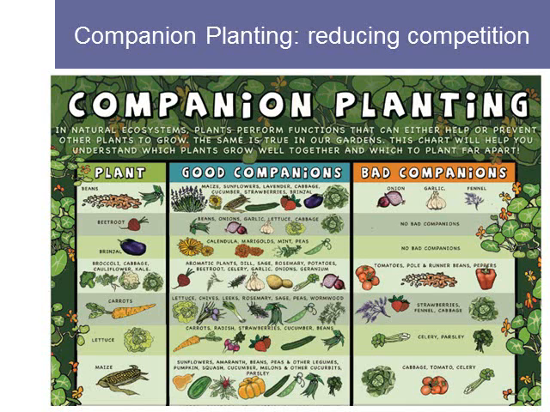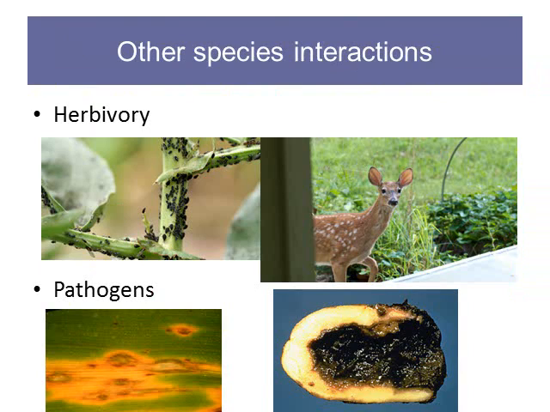So this is another way to reduce competition: use plants that work with the soil differently. There are bad companions too, like onions being a bad companion to the beans because they put certain things out into the soil.